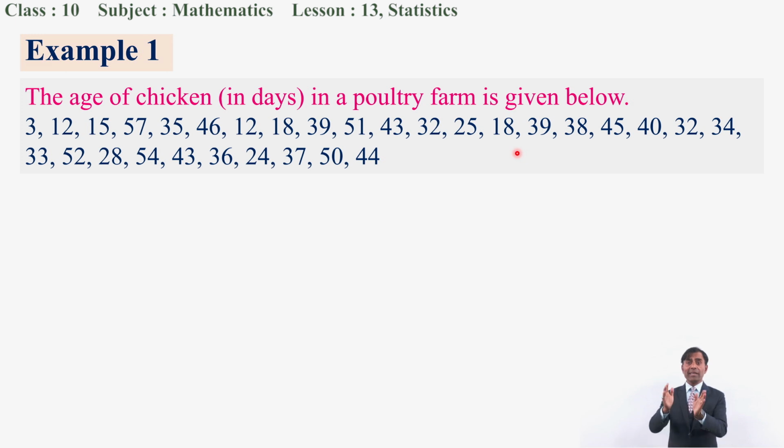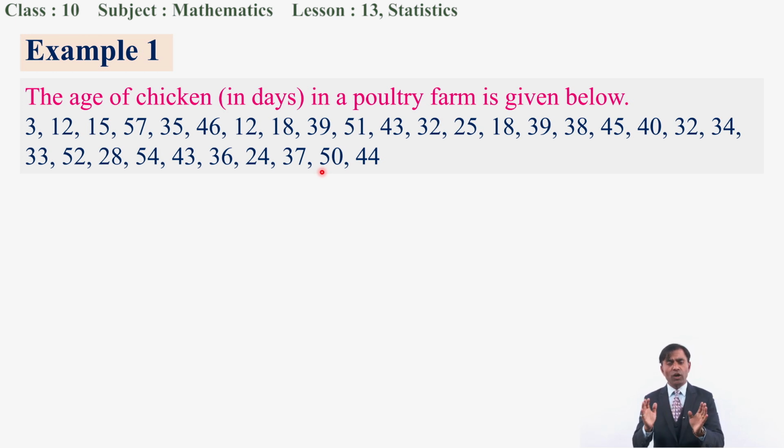Age of chicken in days, not in months, not in years. 3 is the first value. 3 represents the age of chicken, meaning 3 days, and then 12 means a 12-day-old chicken. 15-day-old chickens are there, and 57 days from birth. Chickens of 57 days are also there in the poultry farm. Different age chickens are there in a poultry farm.